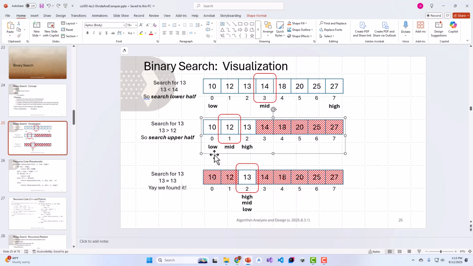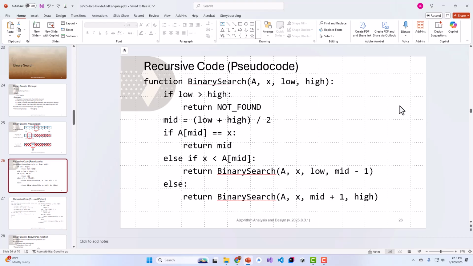You can eliminate the midpoint and anything lower, which is the 10, out of the picture, and then only search what's left. The only thing that's left is the high, the mid, and the low, which is one single element, and that's 13. It happens to be in here. If it wasn't, then we would say, oh, didn't find it, rather. But it is 13. So we did find it, and it's at index 2.